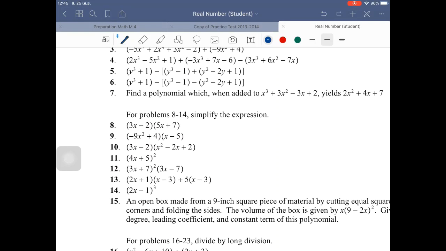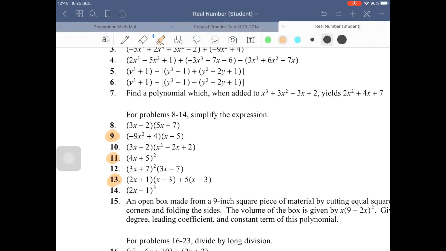Let's do some questions here: question 9, question 11, and question 13. Three questions on the products of polynomial. I give you 6 to 7 minutes. Let's do that.